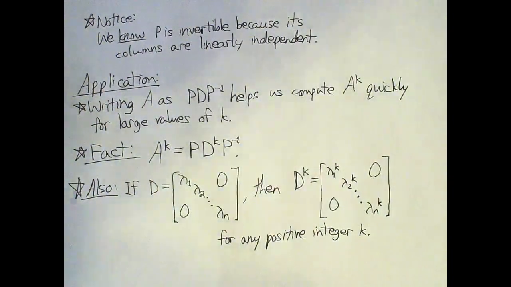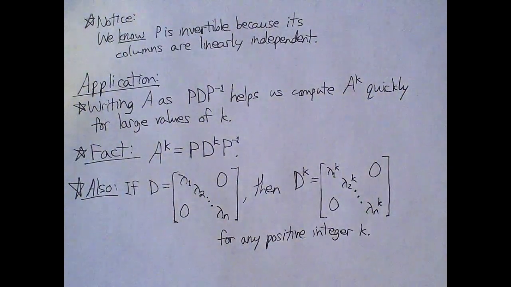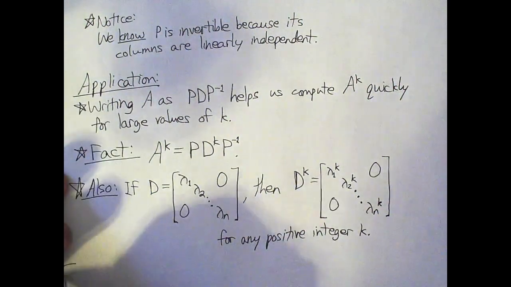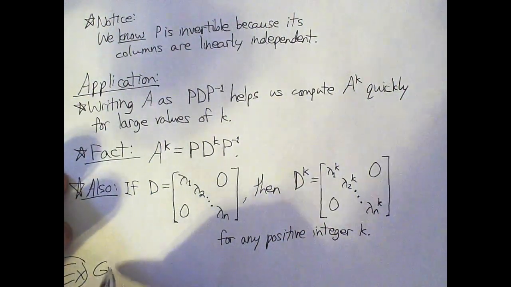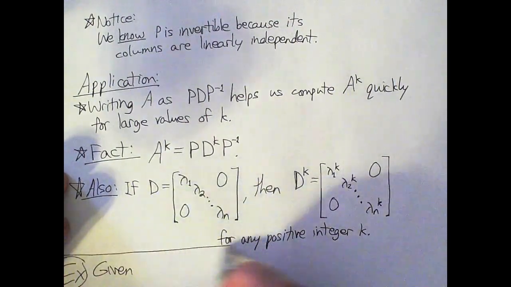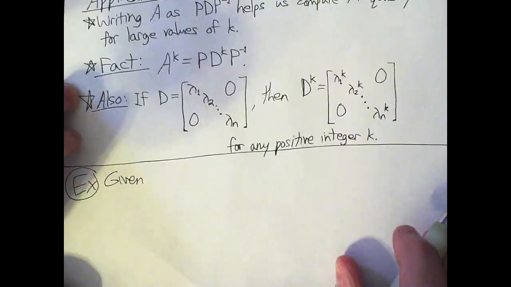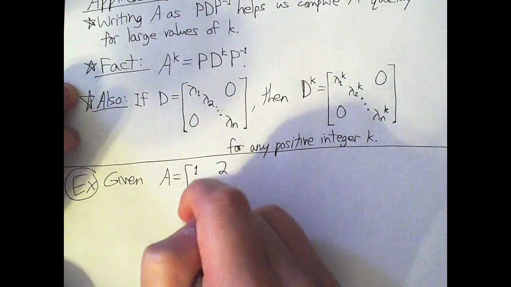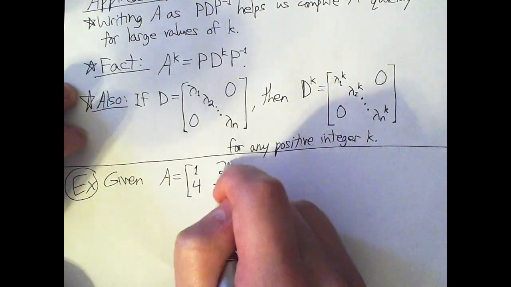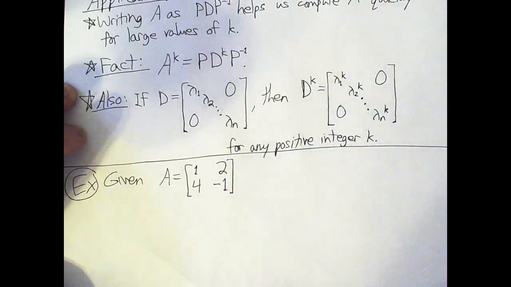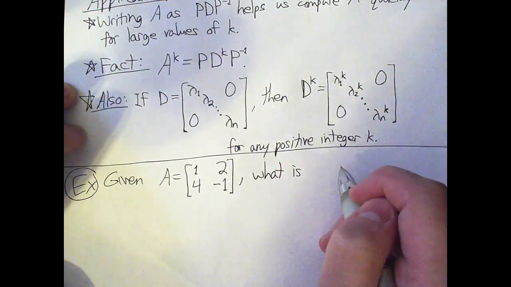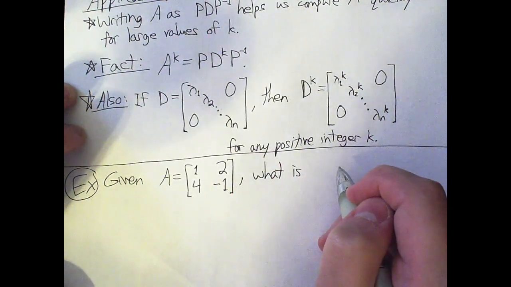All right, let's look at an example. Sorry, I just had to get some more paper here. All right, example. Let's suppose we're given a 2x2 matrix, 1, 2, 4, -1. It's not the same matrix as earlier. Oh, you know what?